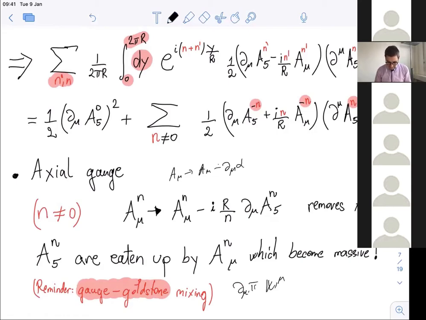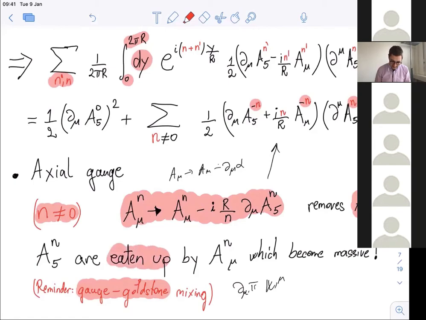So if you choose this kind of transformation and plug it in over here, perhaps you can do this math offline, then you will remove the entire tower of scalar fields where n is not equal to 0. You will still remain with one real massless mode, but the rest will be eaten up, and the vector field will become massive.